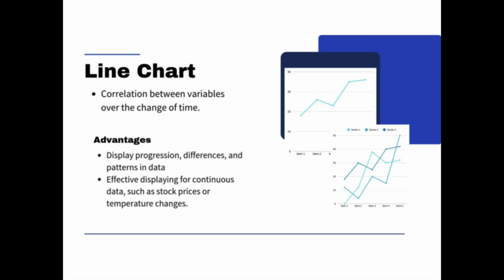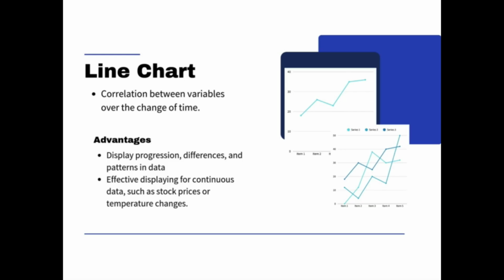And the last one is the line chart. The line chart, we know, is a very simple visualization. We always use this one, but the line chart also helps us visualize the correlation between variables over the change of time. That means if we want to visualize something with one time dimension, then the line chart is very useful.